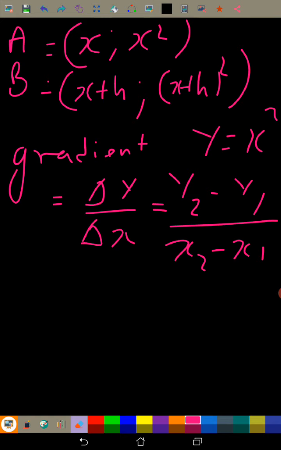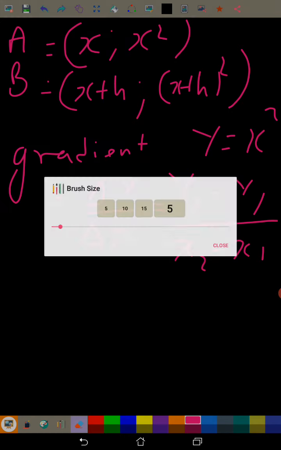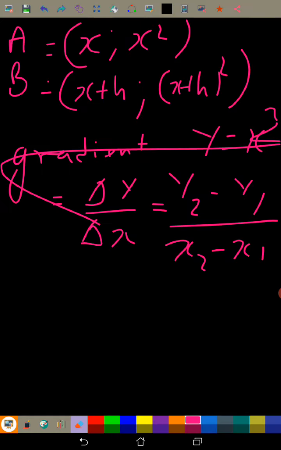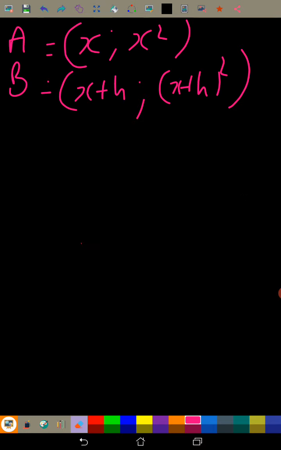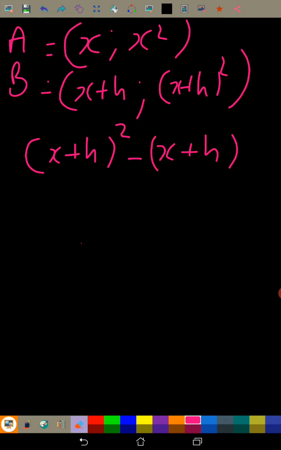Okay, we did this. So we're going to erase this. We don't need this. We're going to calculate the gradient, and we are going to see the difference. So we have x plus h minus x, I put the bracket because this will change sign, and I have x2 minus x. But we have to expand this.